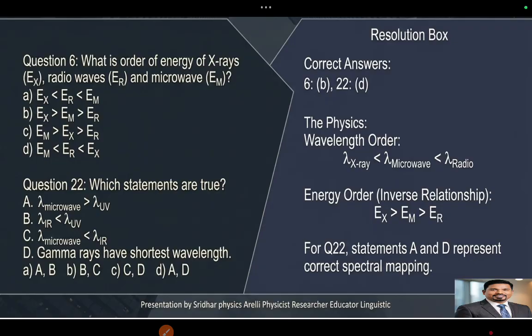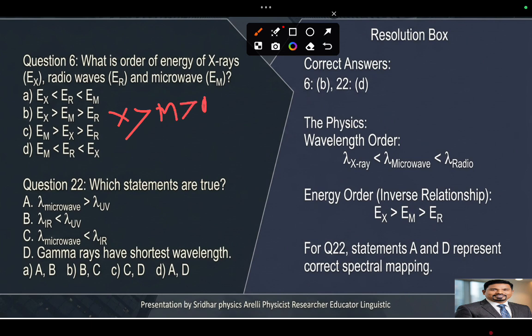Now you can compare that spectrum concept to here. First X-rays are highest energy, then micro, then radio. So that is EX greater than EM, EM greater than ER.